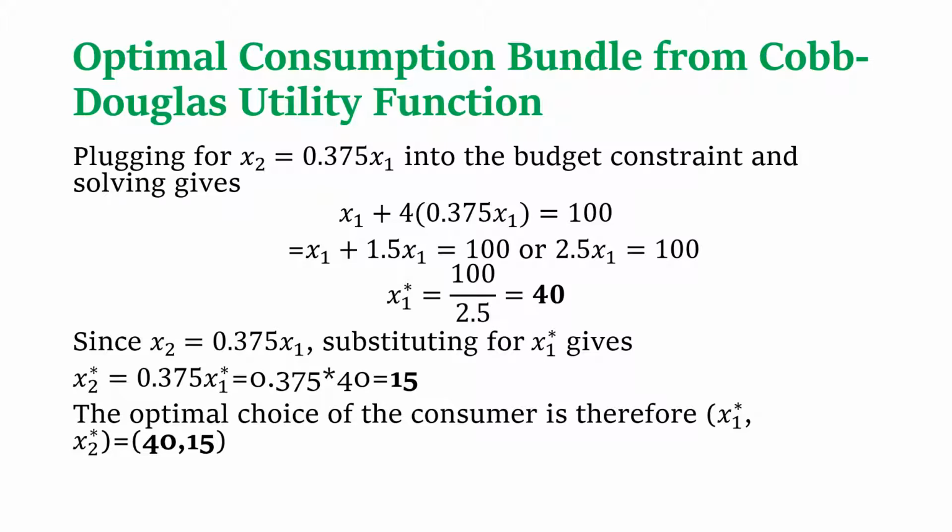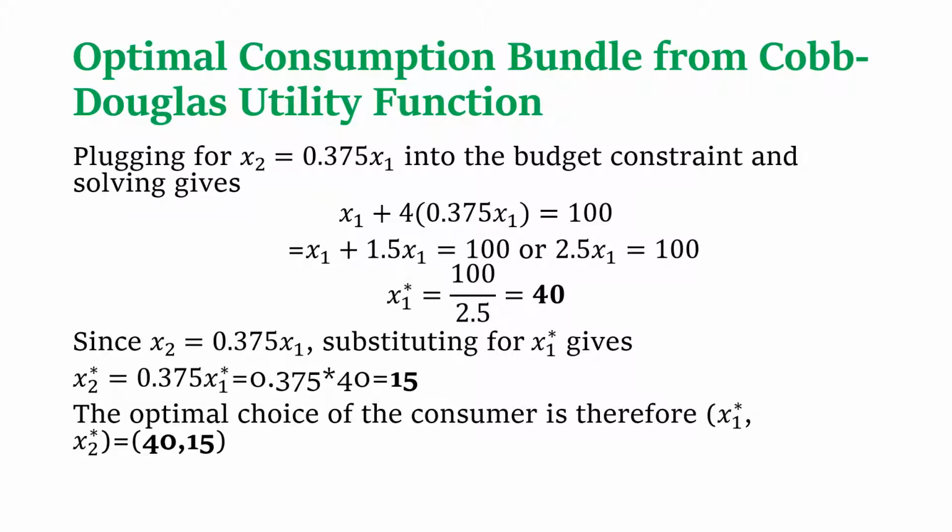But we know that x2 is 0.375 x1, right? So we just substitute x1 star into that equation, and that gives us x2 star equals 0.375 x1 star, 0.375 times 40, and that gives us 15.